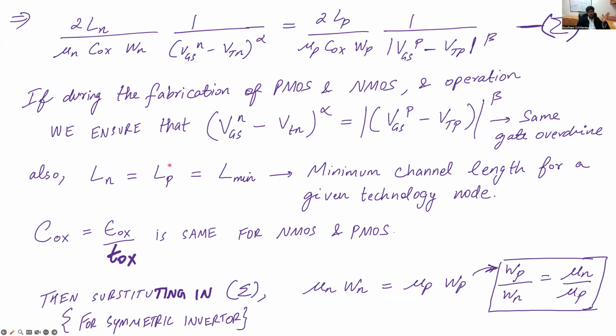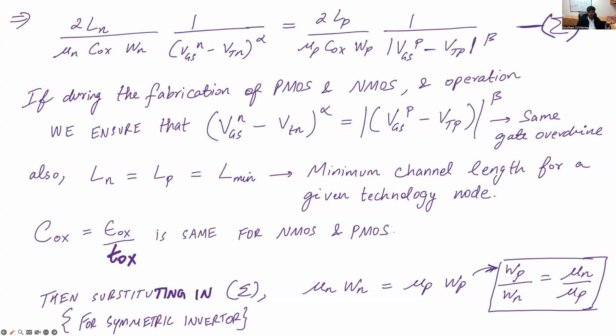In that case, the NMOS and the PMOS would both be set at a 22 nanometer channel length. This is good practice because you always want to keep the channel length minimal to increase the speed of the transistor. And also the oxide capacitance, which is epsilon ox by tox, is the same for the NMOS and PMOS.